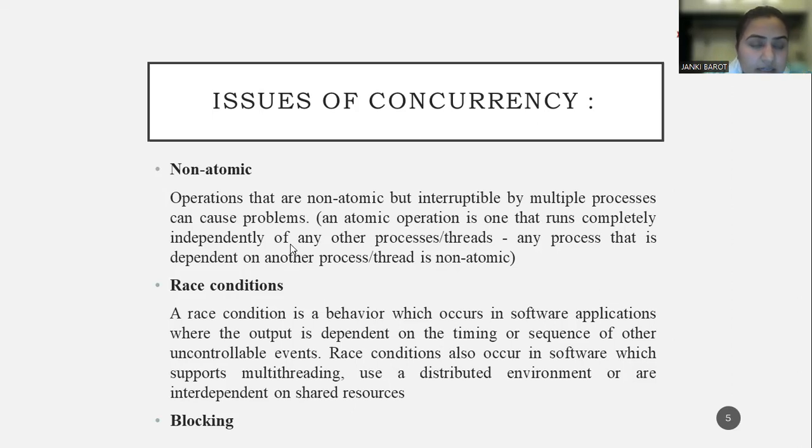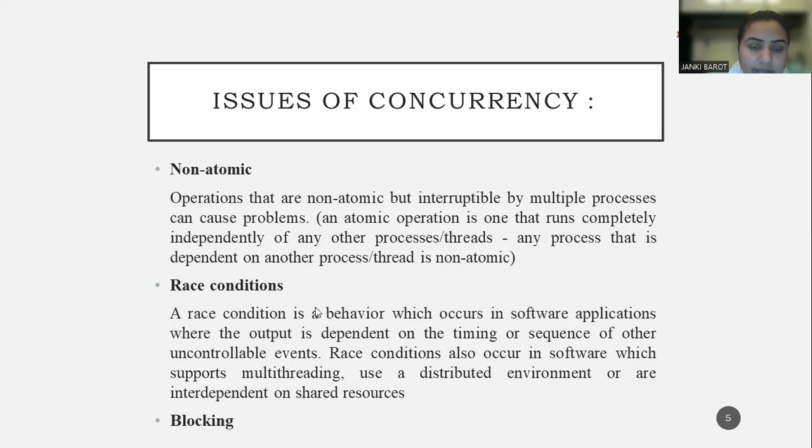The next term is race condition. Race condition is a behavior which occurs in software applications where the output is dependent on the timing or sequence of other uncontrollable events. Race condition also occurs in software which supports multi-threading, uses a distributed environment, or is interdependent on shared resources.